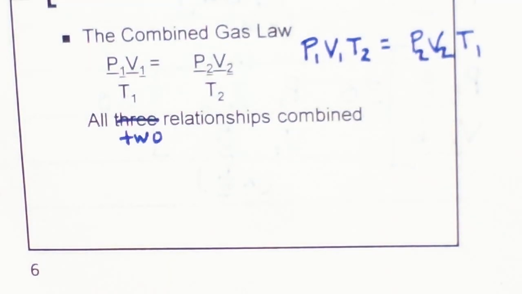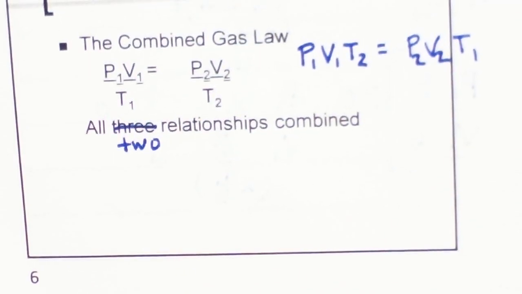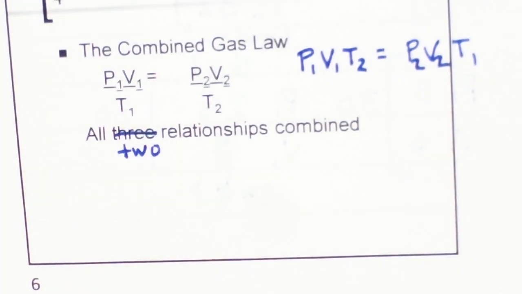All right, let's do some practice problems. So you're going to take out your worksheet, and we're going to do problem 1 on all 3 of the pages that you have for homework. Okay, we're going to start with problem 1 on Boyle's law.